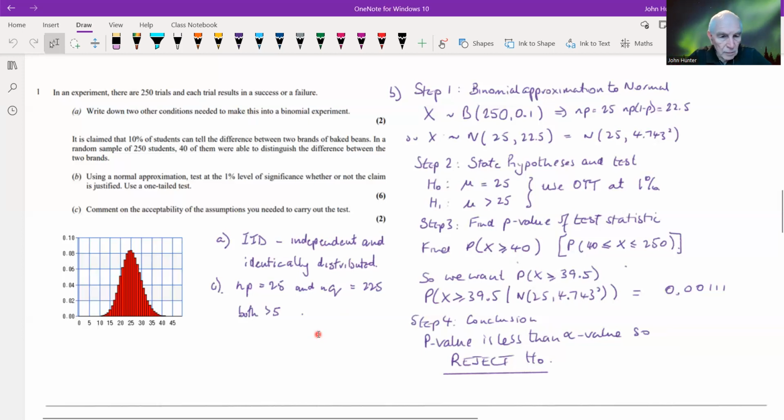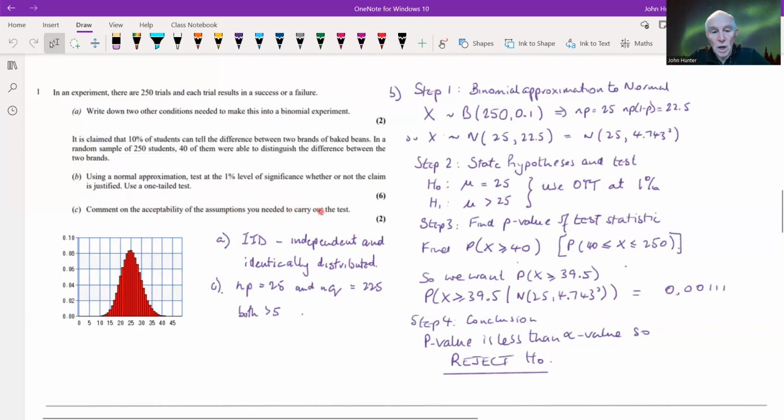Okay, so hopefully that was useful. It does go on to say here, which we really addressed, comment on the acceptability of the assumptions you needed to carry out the test. Well, this is really saying whether or not we can approximate. First of all, it's comment on this, independent and identically distributed. So I think that's extremely fair.